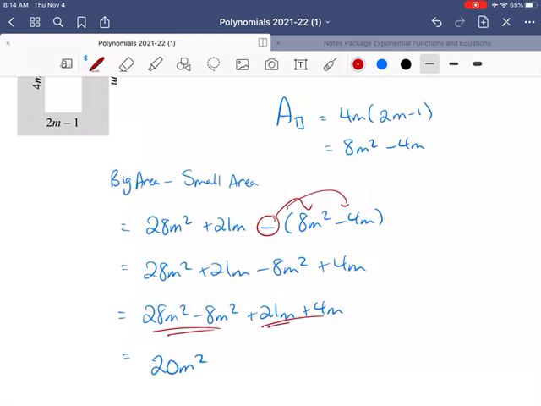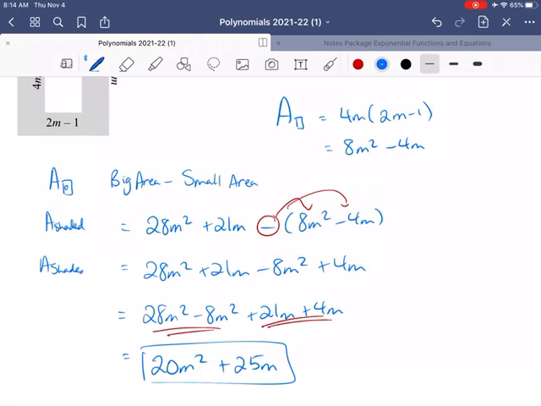And then the 21m and the 4m will become 25m. So the area of the shaded part, the area of the shaded is 20m squared added with 25m.